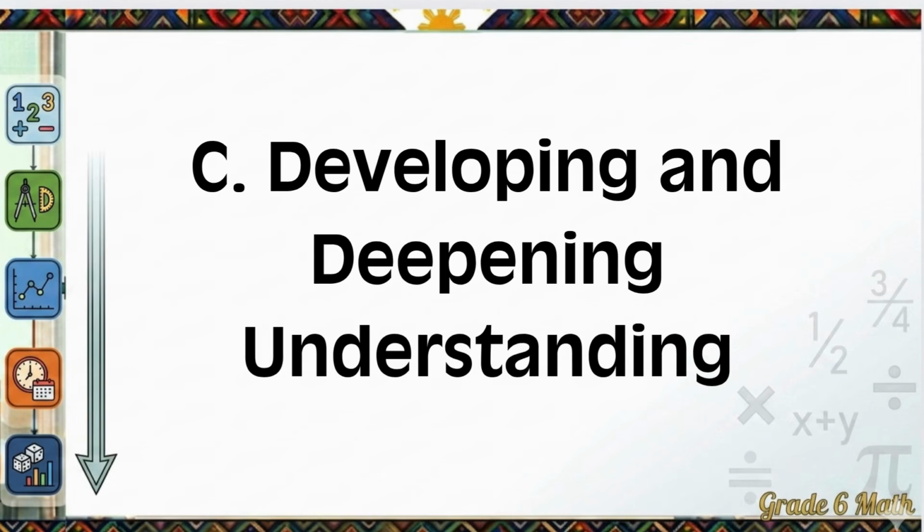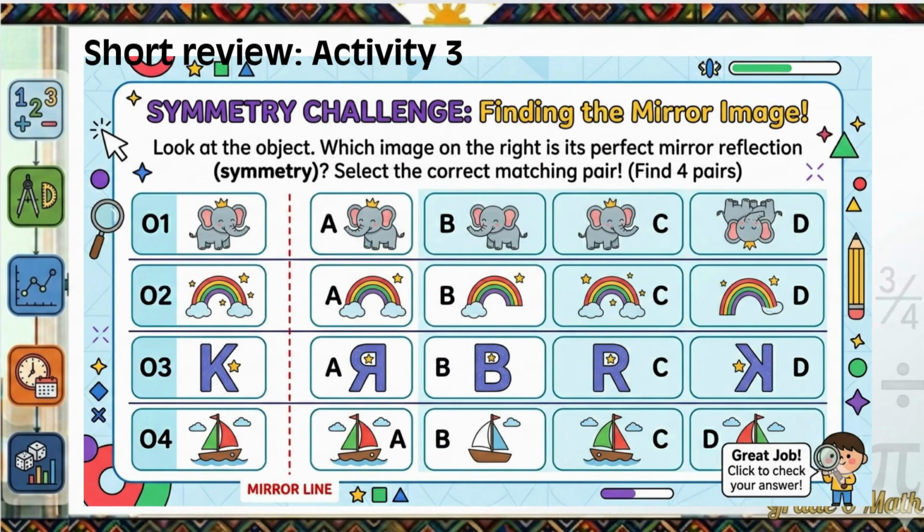Developing and deepening understanding. Activity 3. Symmetry challenge. Finding the mirror image. Look at the object. Which image on the right is its perfect mirror reflection of symmetry? Select the matching pair.